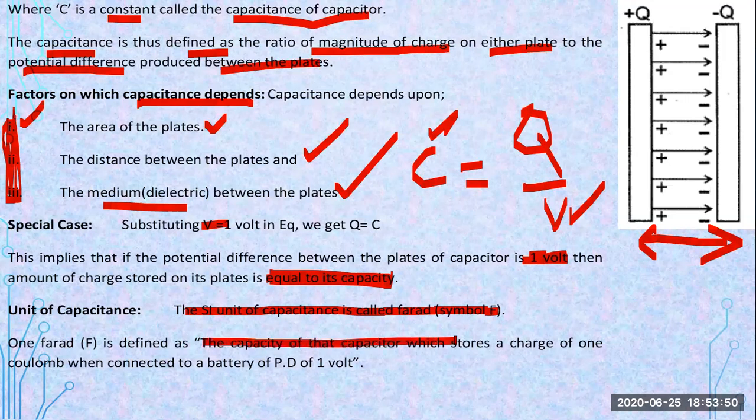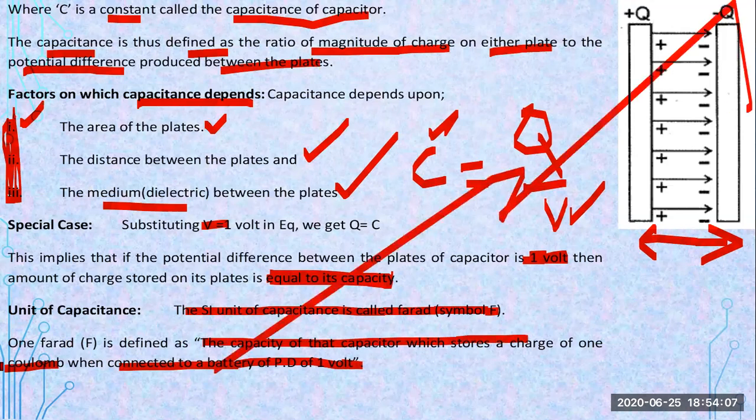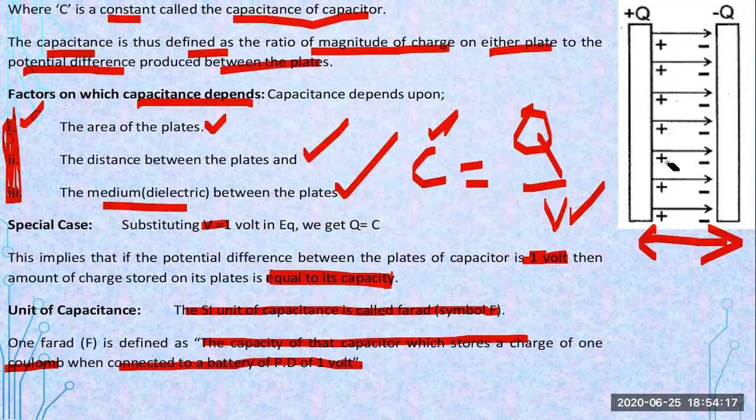1 farad is defined as the capacitance of a capacitor which stores a charge of 1 coulomb when connected to a battery of potential difference 1 volt. Basically, you provide a 1 volt potential difference, and this results in storage of 1 coulomb of charge on the parallel plates. So if 1 volt potential difference stores 1 coulomb of charge on the plate, then the capacitance will be 1 farad.